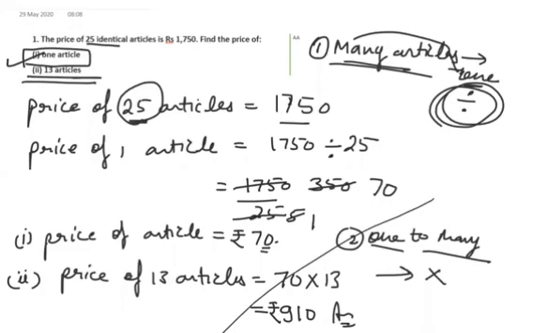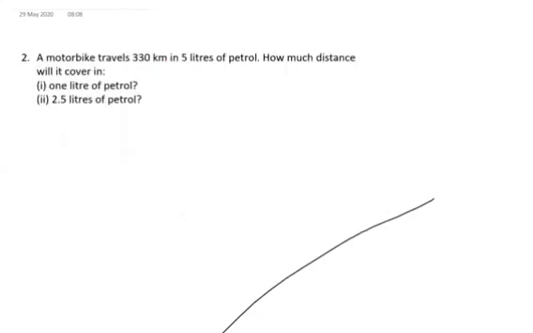If you have to find the price of many articles, then just multiply the price of one article by the number of articles whose price you have to find. Is it clear? Keep in your mind the two very important rules which I have told you. If you want to go many to one, you divide. If you want to go one to many, you just multiply. Okay, so now let us do the second question.